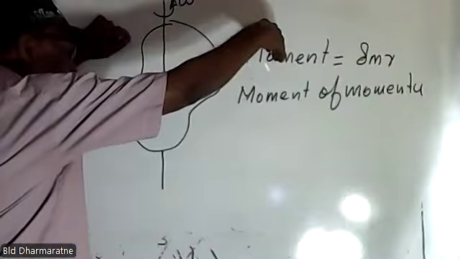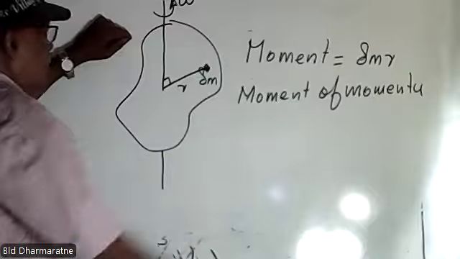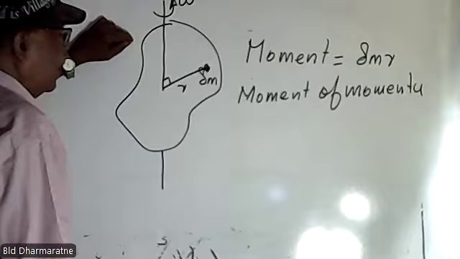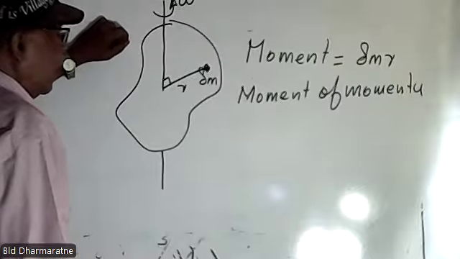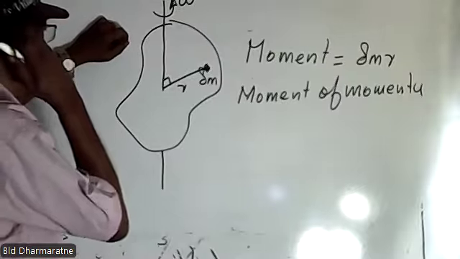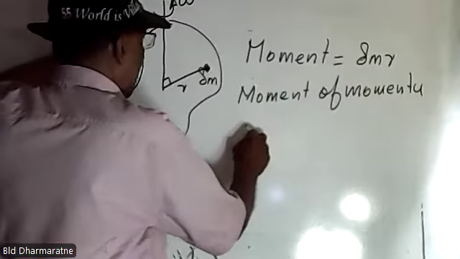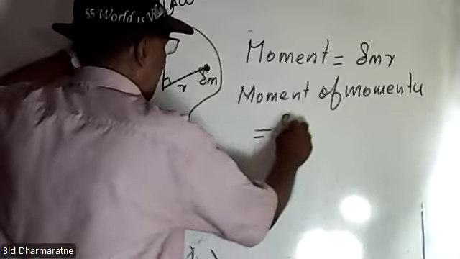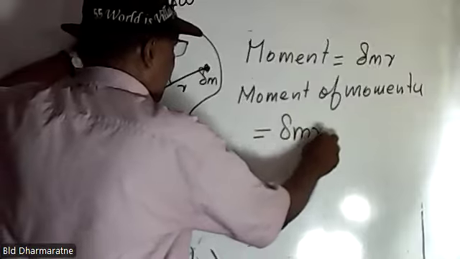In the moment of momentum, we have to multiply again by omega. So delta m r into omega.